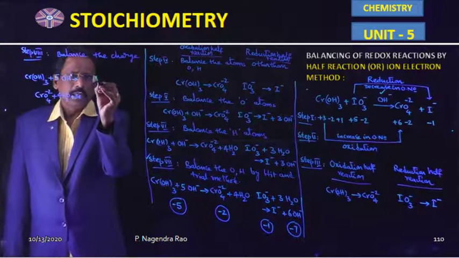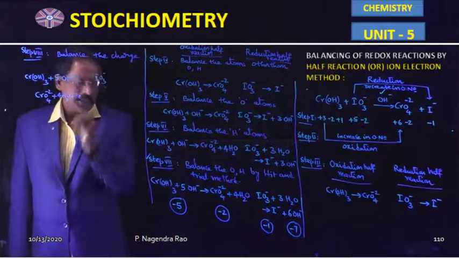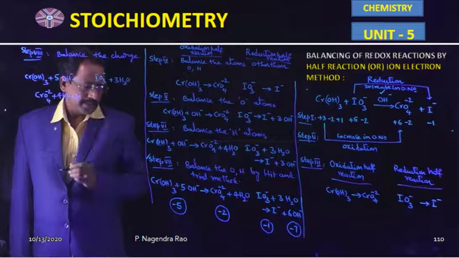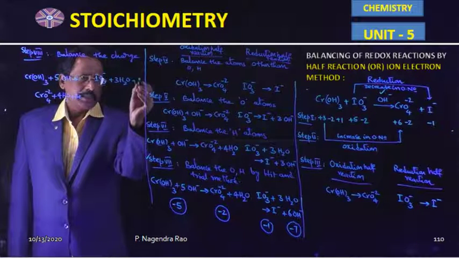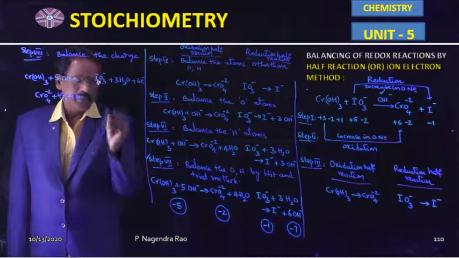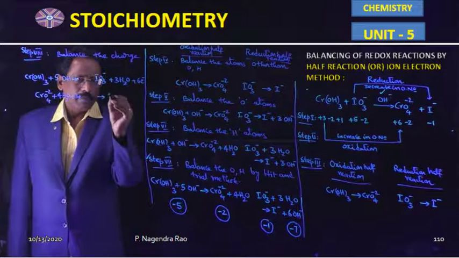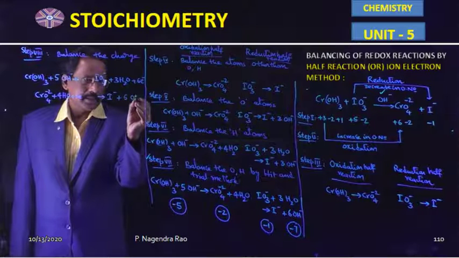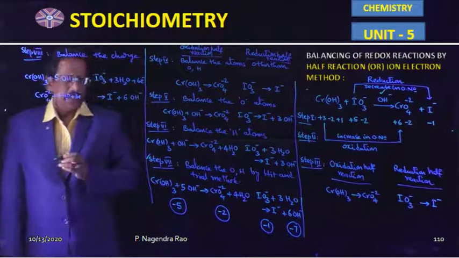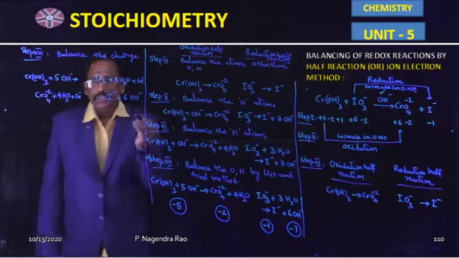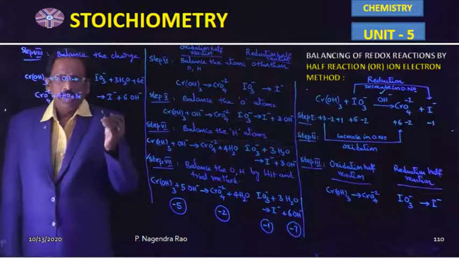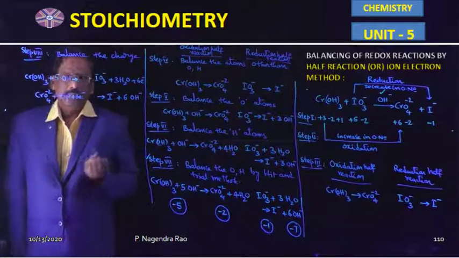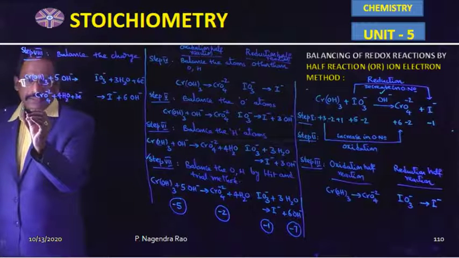So IO3 minus plus 3 H2O plus 6 electrons gives rise to I minus plus 6 OH minus. So in these two half reactions, both the atoms and charge are balanced.